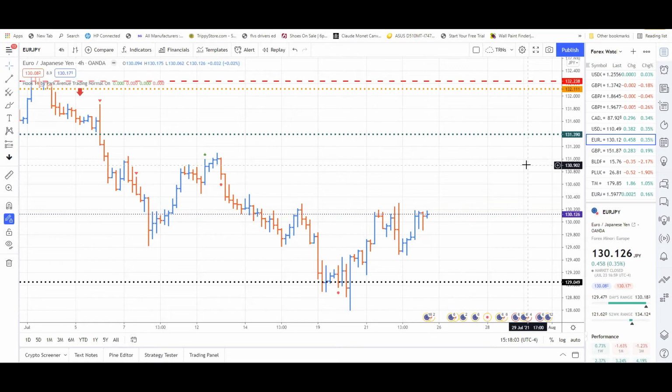The short term is saying that an open below 129.61 pushes us back down towards that 128.59. And an open above 131.10 opens up that 132.40 level. Because this is short term, not ultra short term, the points are quite wide. So really the closest points are 129.61, an open below 129.61.